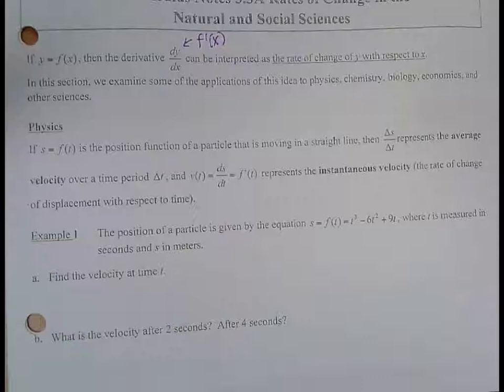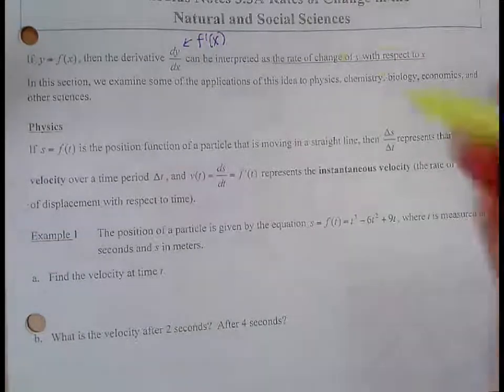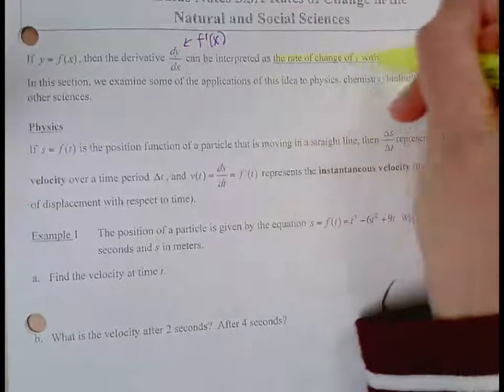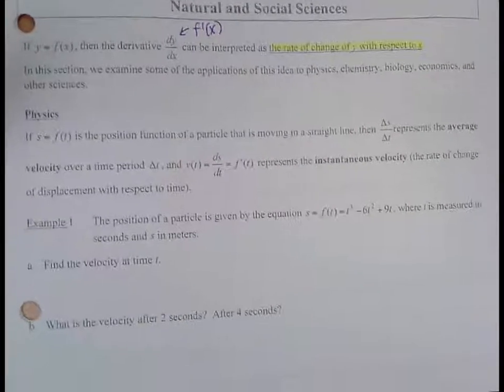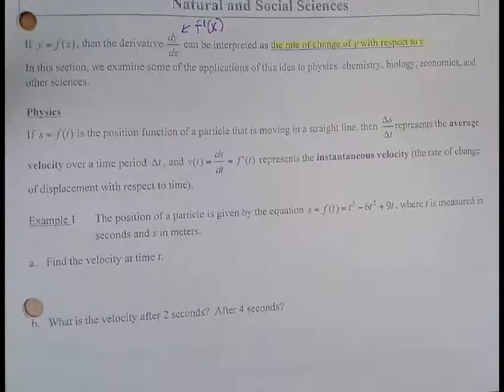That can be interpreted as the rate of change of y with respect to x. And rate of change here would be instantaneous. So anytime they want an average rate of change, they have to say average in front of the rate of change.